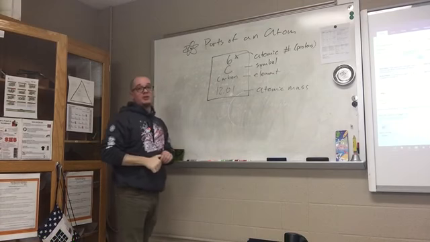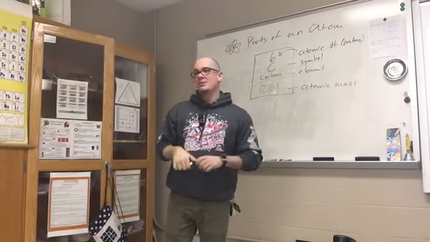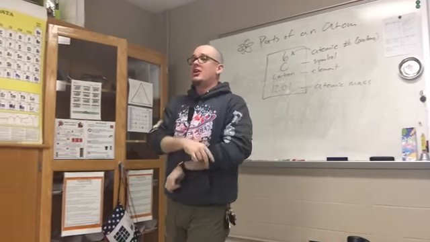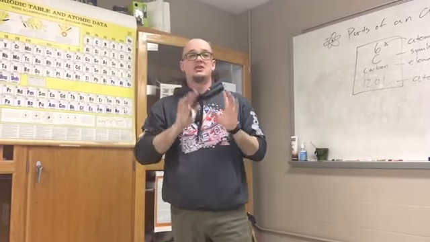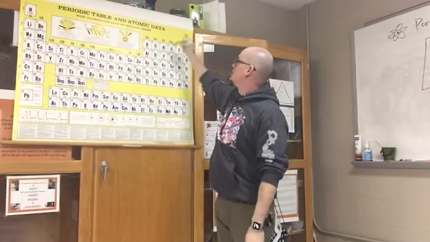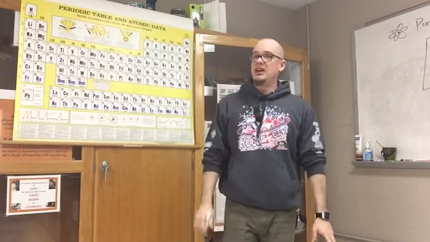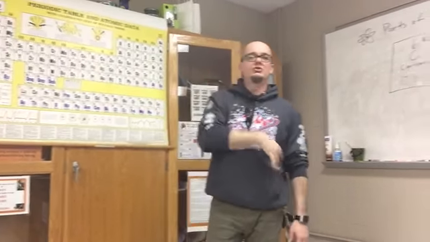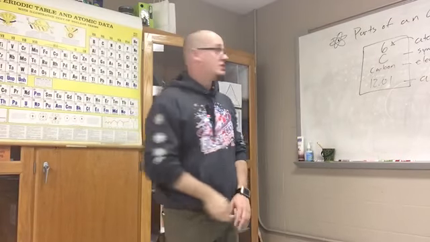Now here's where the math comes in. On your assignment today, you're going to have to tell me how many protons, neutrons, or electrons are in any given atom of a specific element. So if I say, how many protons are in nitrogen, you've got to figure that out. Then I'm going to ask you, what's the mass? How do you find the number of neutrons or electrons? Let's do this.